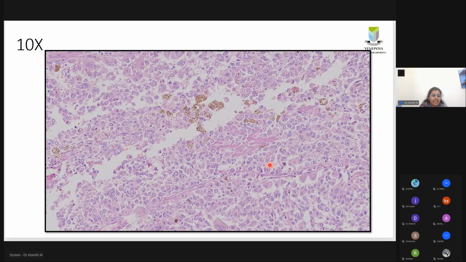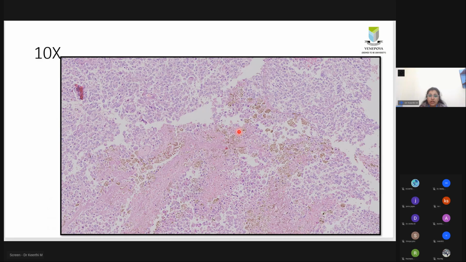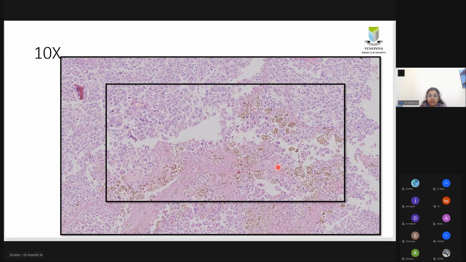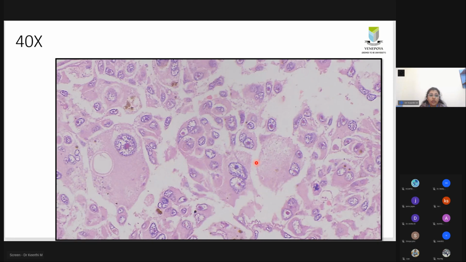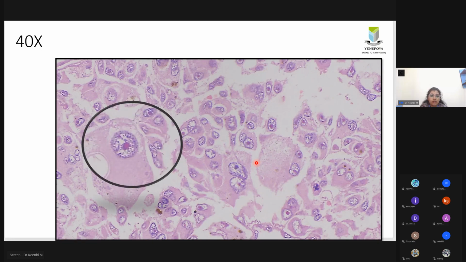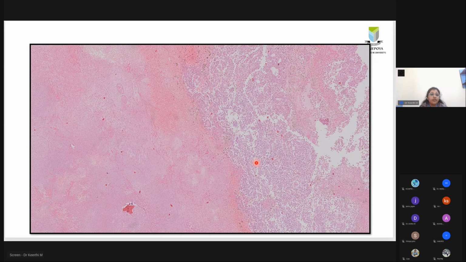So these pleomorphic bizarre cells have vesicular nuclei with abundant eosinophilic cytoplasm. And some cells are showing intracytoplasmic brown pigment which looks like melanin. Here you can see the melanin pigment. In the higher power, these cells have prominent cherry red nucleoli, and also this geographic necrotic area is seen.